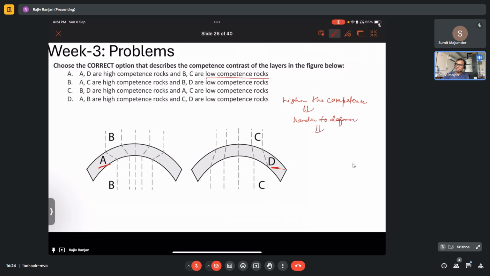So there will be less deformation in more competent rock. Or you can understand it this way: less competent rocks are easier to deform. Now you can see this diagram and try to answer the question.